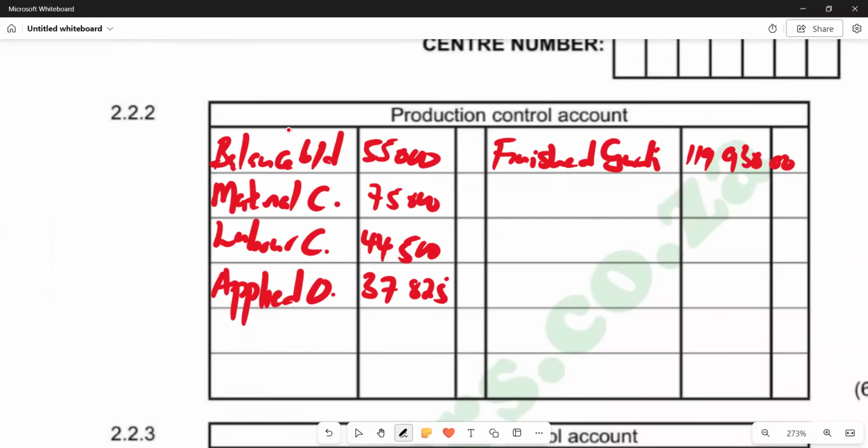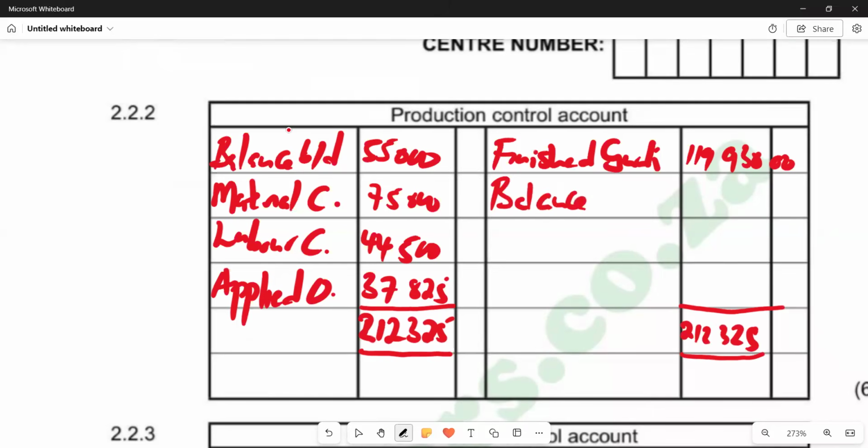And then having done that, now we can balance our account. We'll see that the debit side is greater. So we're just going to put our double lines here. So having done that, if you add the two totals, you see that the debit side is greater, with a total of 212,325. This same figure is going to come here, 212,325. And obviously here, that's when we are going to have our balance now. Our balance CD.